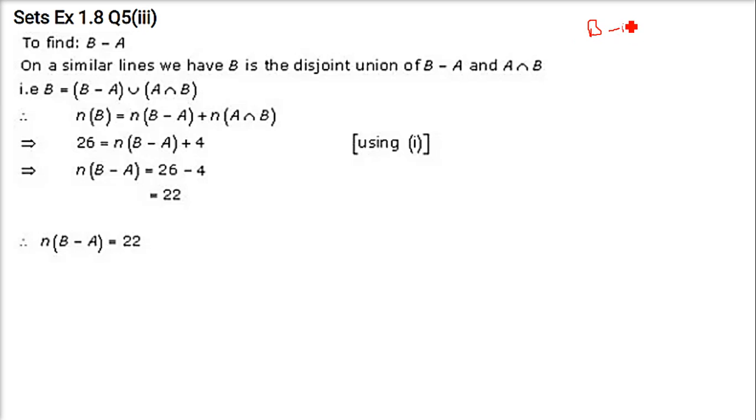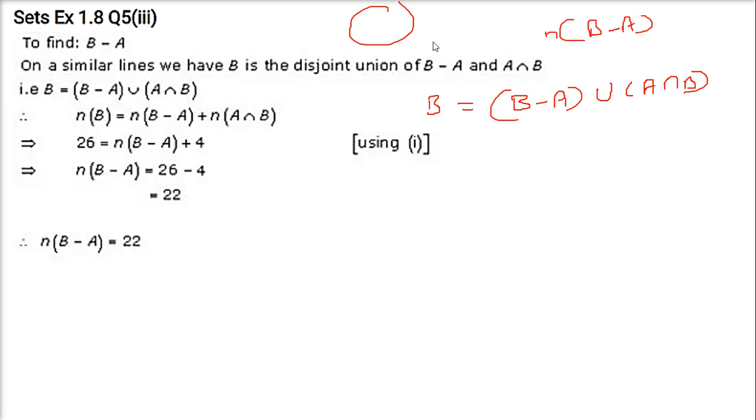Then we are going to do the same thing with B minus A. How are we going to write B? B will be equal to (B minus A) union (A intersection B), or B intersection A. These are two disjoint sets, as I just showed you. Let me show you again. This is A and this is B. What is B minus A?